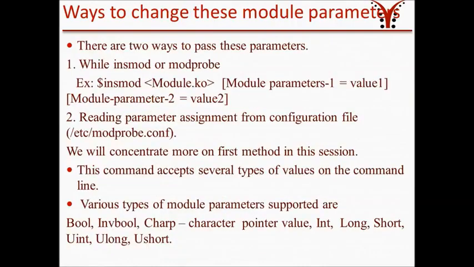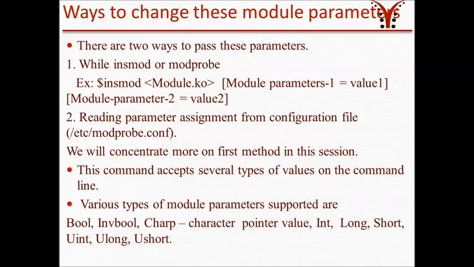Let's see what are the ways to change the module parameters. There are two ways to pass these parameters to your Linux kernel module. One is using insmod or modprobe. The second one is reading parameter assignment from the configuration file. Let's come back to the first one. When you want to pass any parameter to your Linux kernel module, you use the command insmod module.ko. If you are not familiar with the insmod command, I recommend watching my earlier tutorials on Linux device drivers.